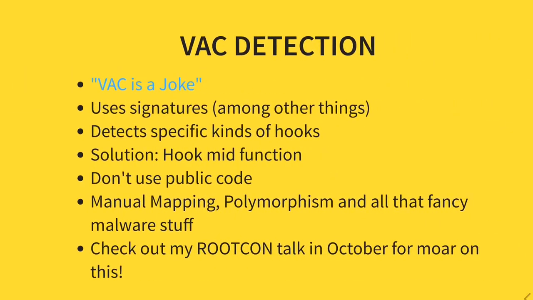So a few words about detection. Some people say VAC or the Valve anti-cheat that's used for CSGO is a joke because it mainly uses signature-based approaches to detect known cheats, which means that if you're using public code, you're going to get banned, but if you're using your own code, then it's going to be fine, as long as you're hooking functions inside of their middle.